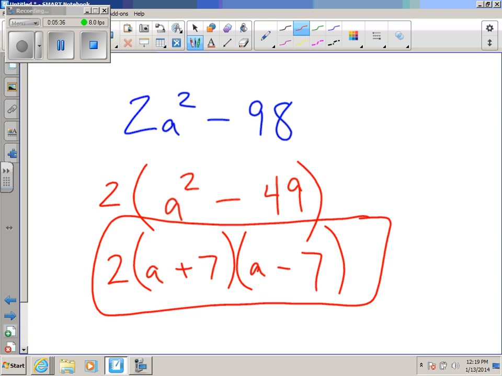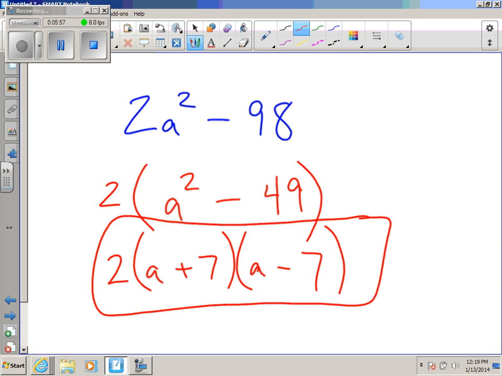Because if I multiply it back again, I'm still going to get it. Now you see why it's important that you pull exactly out what it is. So we have to find the GCF to get that right there.